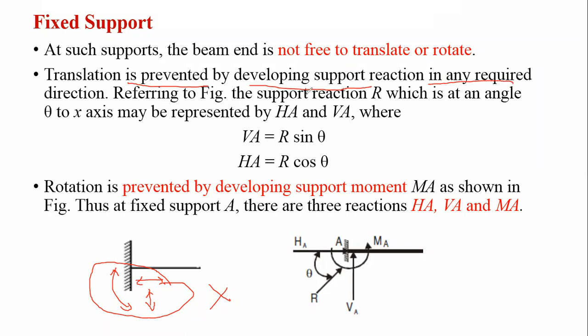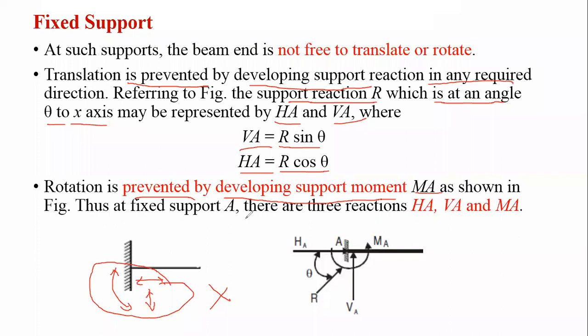With reference to this figure, support reaction R, which is at an angle theta to the x-axis, may be represented by HA and VA. As we know, VA is R sin theta and HA is nothing but R cos theta. Rotation is prevented by developing the support moment MA, as shown in the figure.